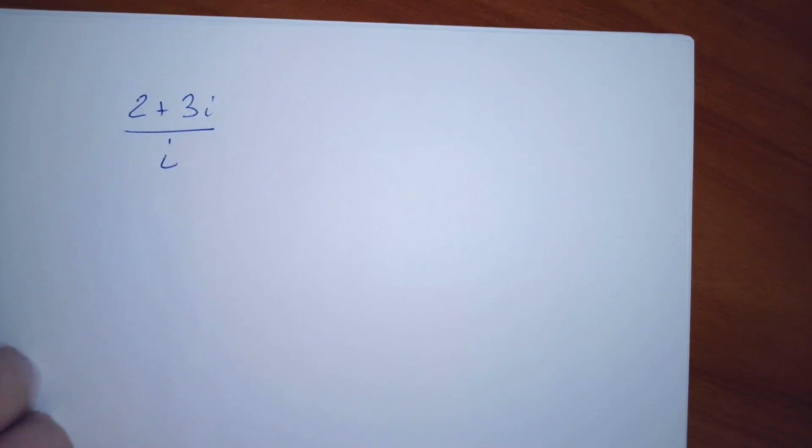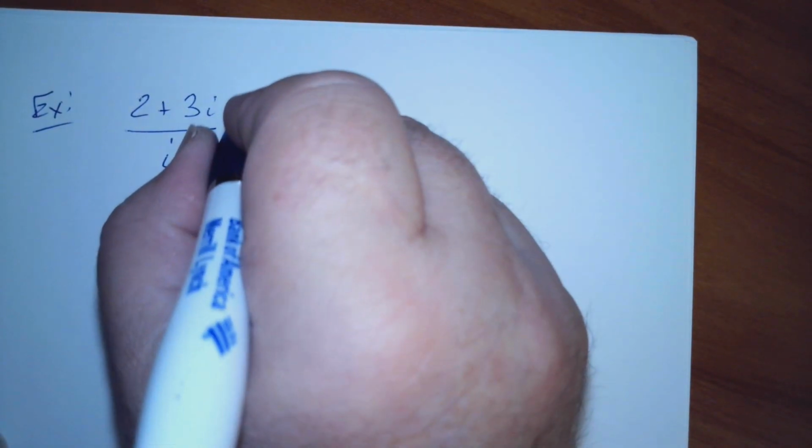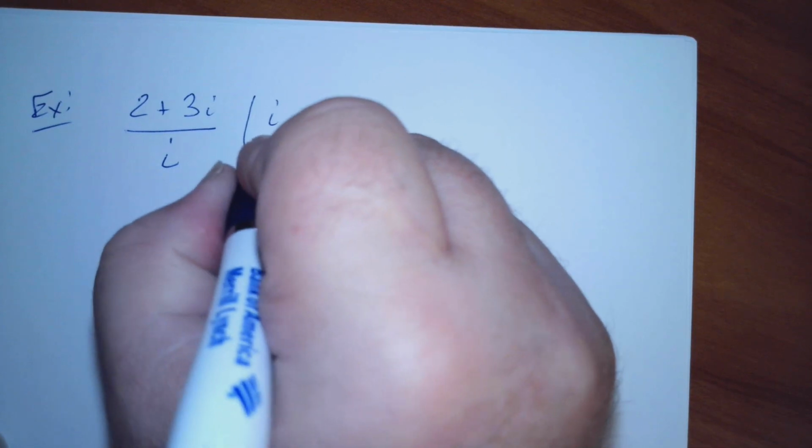Let's take another example. What if you just had that? 2 plus 3i over i. Again, we have an i on the bottom. So we have to multiply the top and bottom by i.